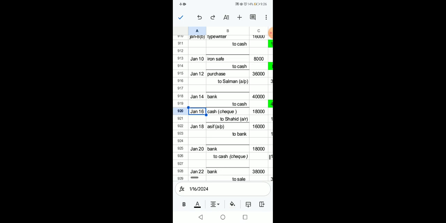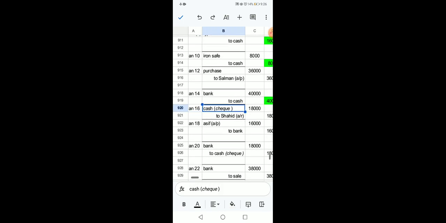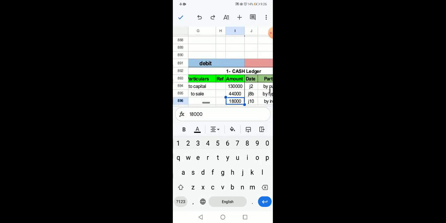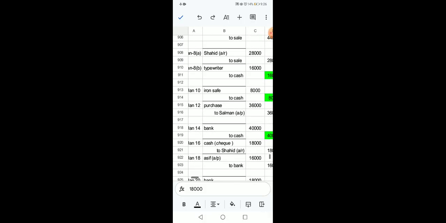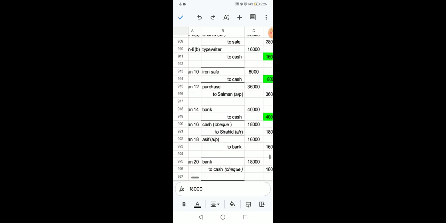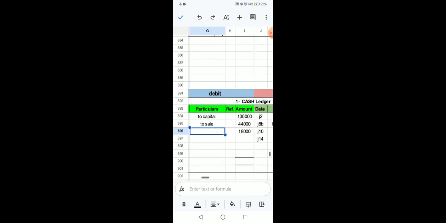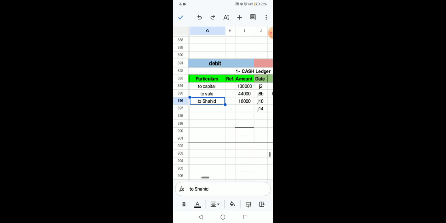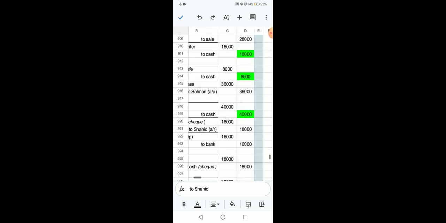January 16, cash is present, yes. Sorry, 18,000 cash debit. Go to the debit side and write down 18,000. See what the reference of this 18,000 is. Cash was debited. What is written on the opposite side? Shahid. So you are going to write Shahid over here as the reference in the particulars column. 18,000 was the amount, and what is the date?